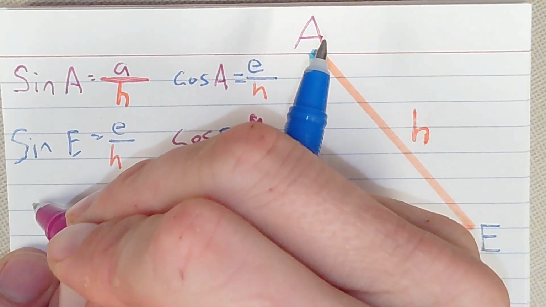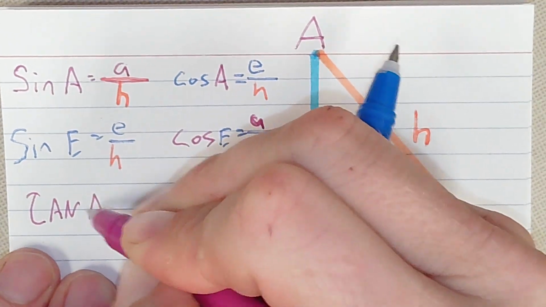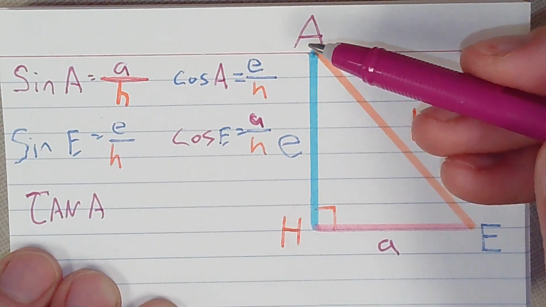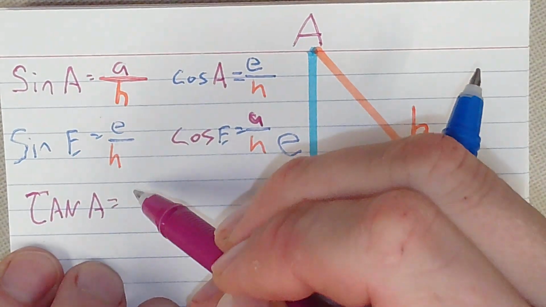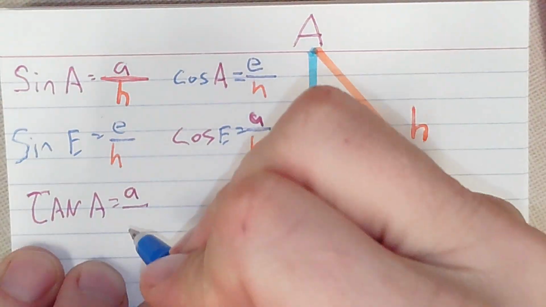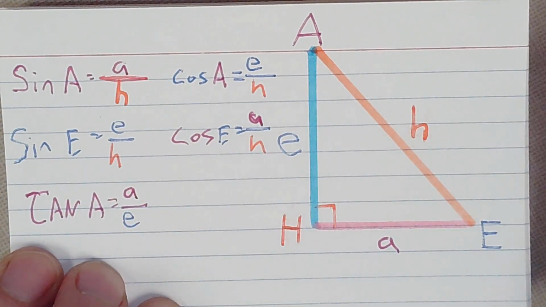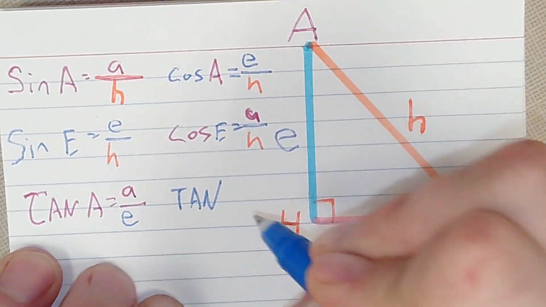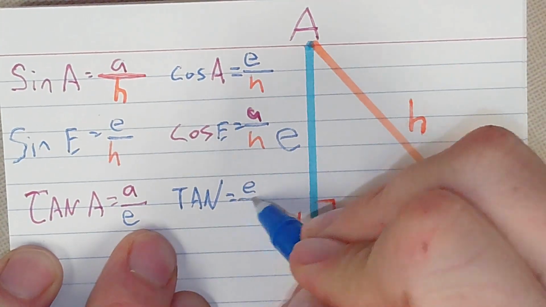The tangent of A, and the tangent is the opposite over the adjacent, equals A over E. And the tangent of angle E equals E over A.